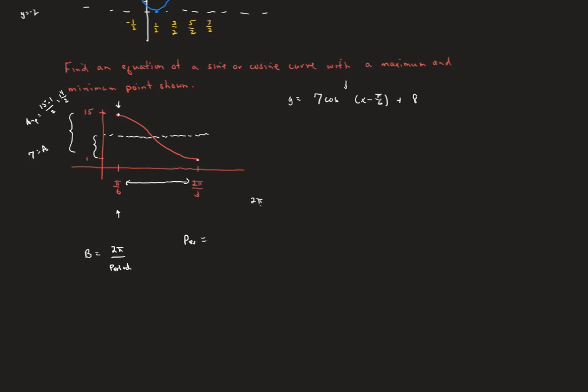So 2 pi over 3 minus pi over 6. See, that's going to be 4 pi over 6 minus 1 pi over 6, which is 3 pi over 6, which is pi over 2. That's half a period. So the actual period is going to be 2 times that, which is pi.